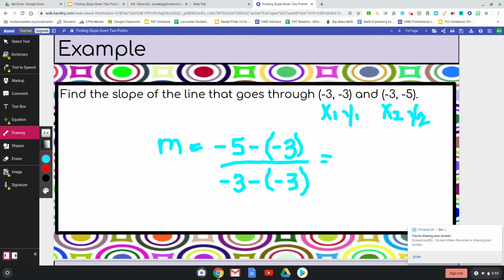Once we do our computations, we have 5 plus 3, which is 8, and -3 minus -3 becomes -3 plus 3, which is 0. Because we have 0 in the denominator of our fraction, or on the bottom of our ratio, we say this line has a slope of undefined.